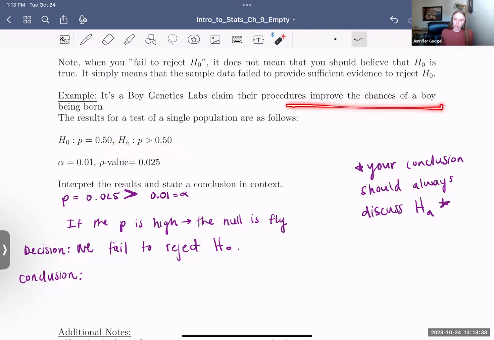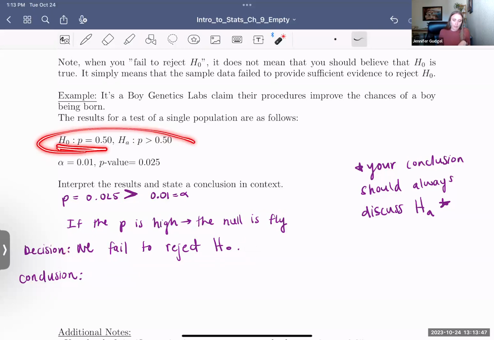Here they were trying to show that the procedure improves the chances of being a boy, that the proportion is greater than 0.50. They put that in the alternative hypothesis. Yes, the decision talks about H naught, but by disproving H naught, you prove that HA is true. By failing to disprove H naught, you don't know anything new about HA.